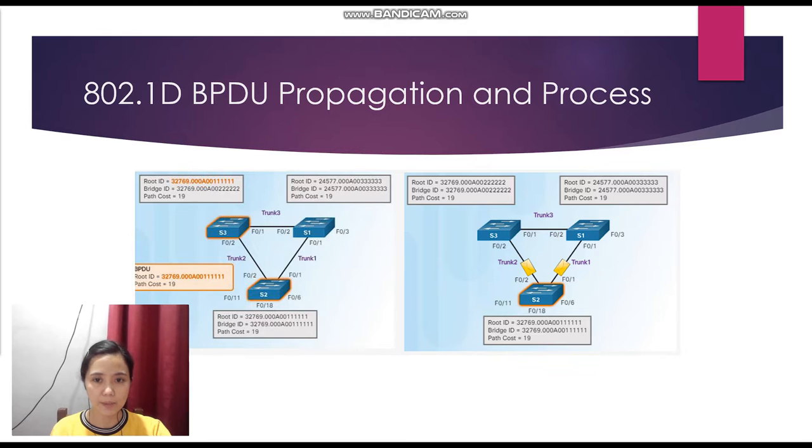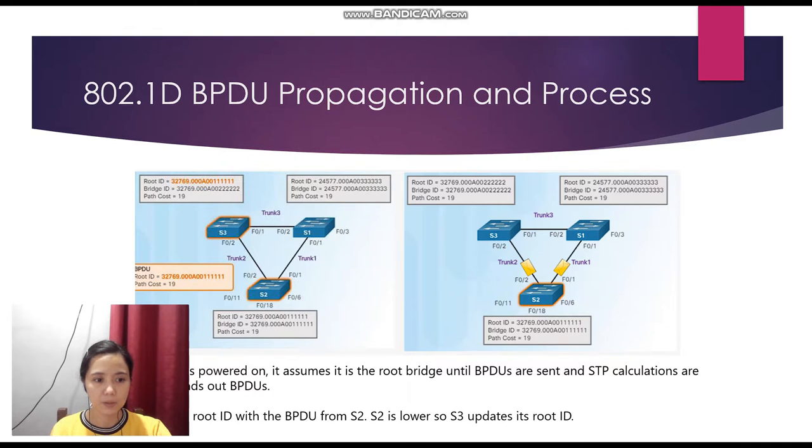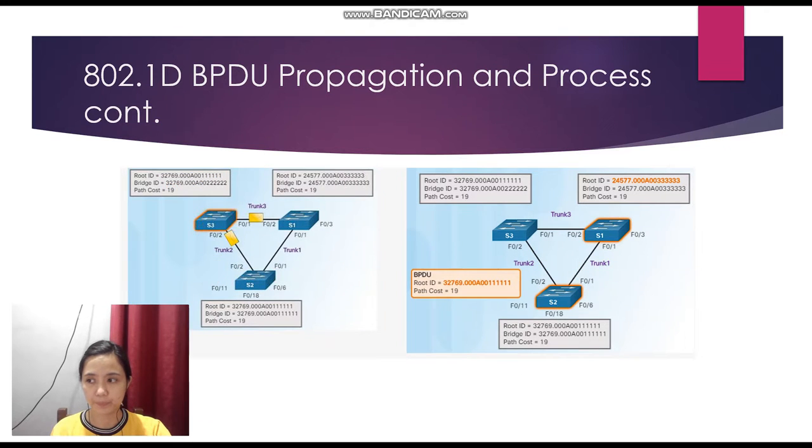So this is a sample of BPDU propagation and process. Number 1, when a switch is powered on, it is assumed to be the root bridge until the BPDUs are sent and STP calculations are performed. S2 sends out the BPDUs. S3 compares its root ID with the BPDU from S2. S2 is lower, so S3 updates its root ID.